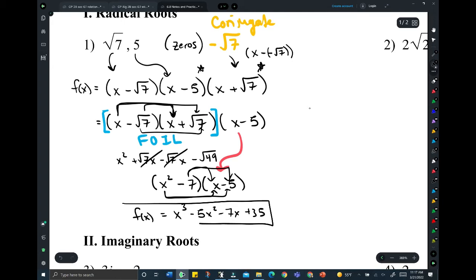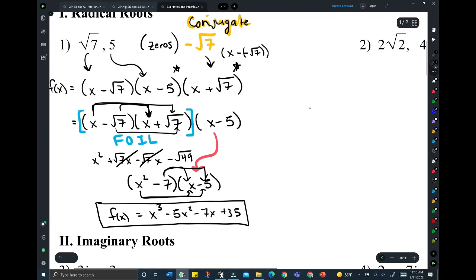Okay, if you were to solve that equation using our methods from before, you'd get those 3 zeros, okay? So basically, you write down the freebie, the conjugate zero, and then you get to use some FOIL and such, okay?